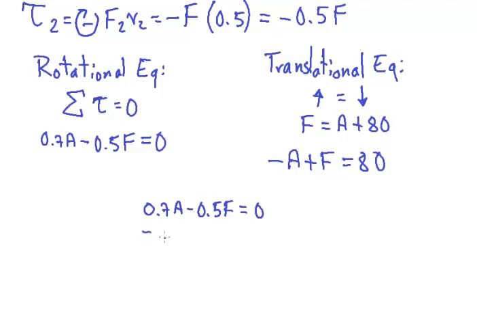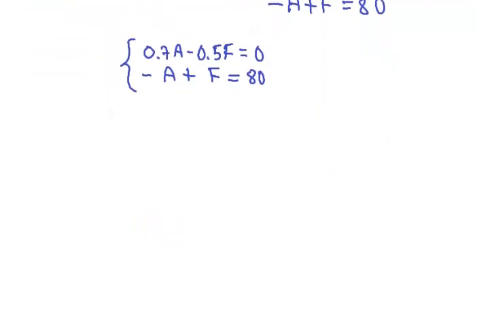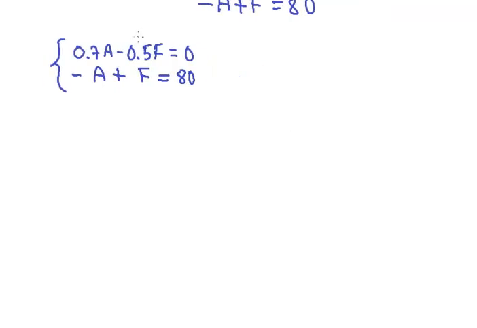And the other one will be minus A plus F equals 80. What is this? This is a system. Since I have a system, I just need to solve it, and if I solve the system, I will easily find A and F. So let's solve the system.